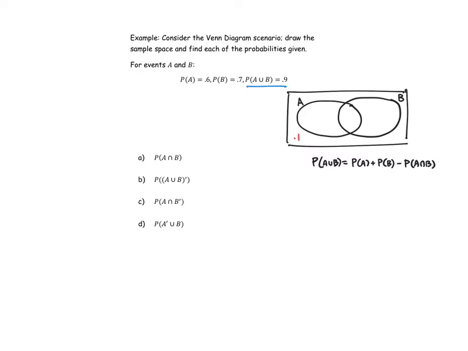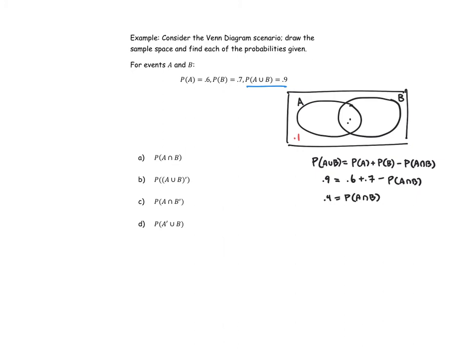All right, so probability of A or B is 0.9, probability of A is 0.6, probability of B is 0.7. I can find the probability of both occurring at the exact same time. Okay, I'm going to take 1.3, subtract it away. I'm going to get 0.4 is equal to the probability of A and B.